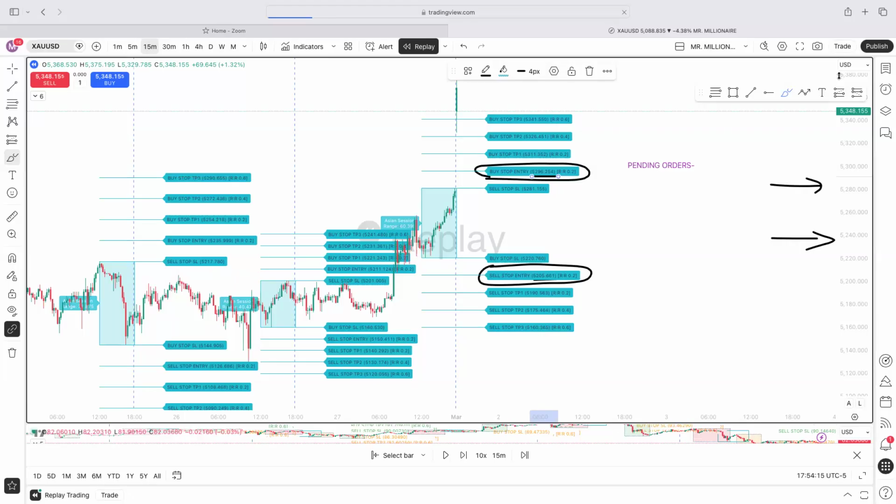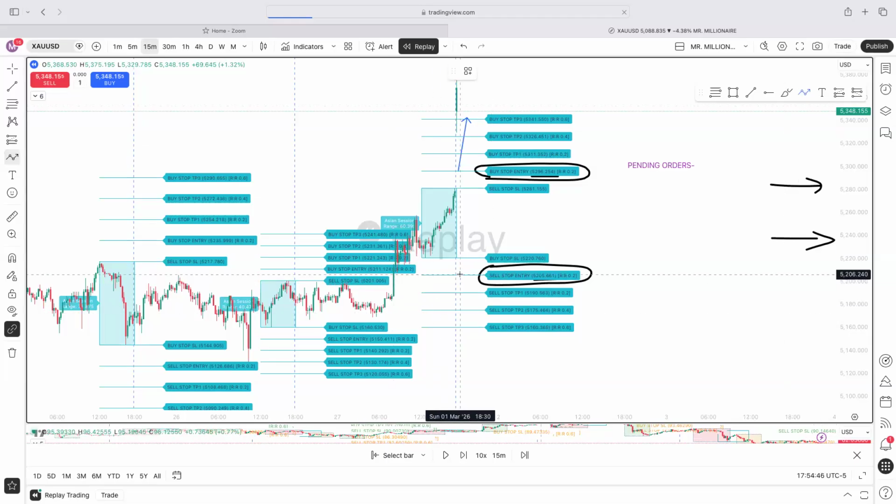So what that means is, if the market comes up here to this price, 52.96.254, the market is going to trigger you into a buy. If the market comes down here to 52.05.66, it's going to trigger you in for a sell. So it's going to look like this. It's going to hit it and then make you go up.